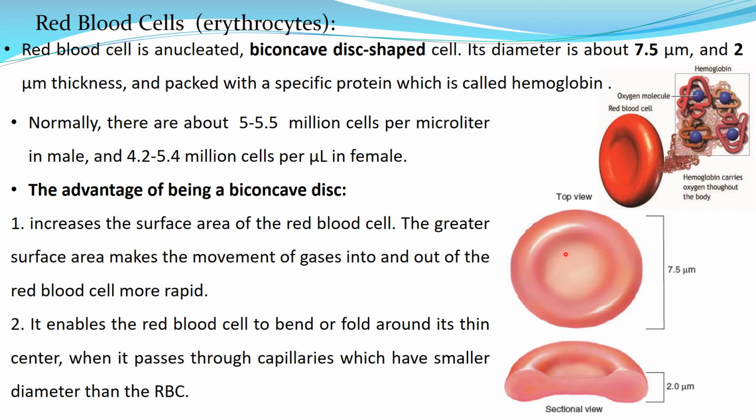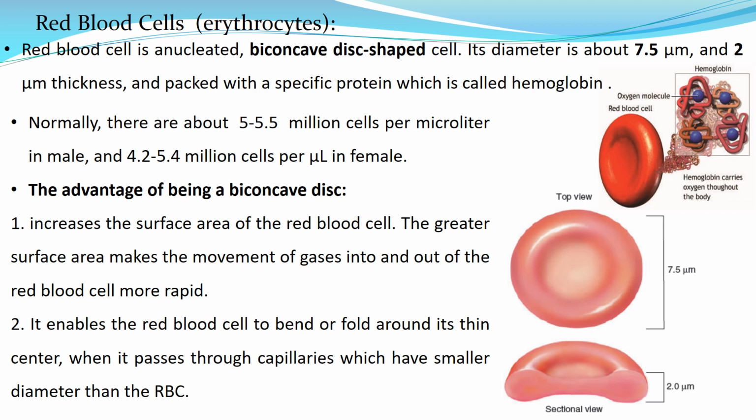So if during the process of erythrocyte aging the red blood cells lose their flexibility, and they are passing through a blood vessel or a capillary which has a smaller diameter than the red blood cells, this leads to what? Leads to the hemolysis or rupturing of the red blood cells.